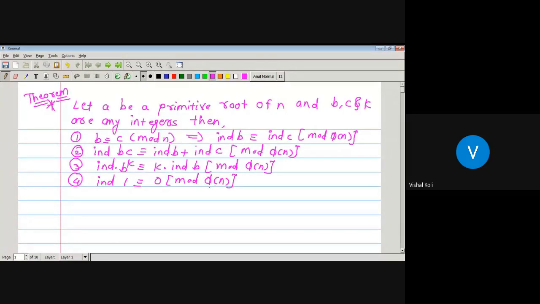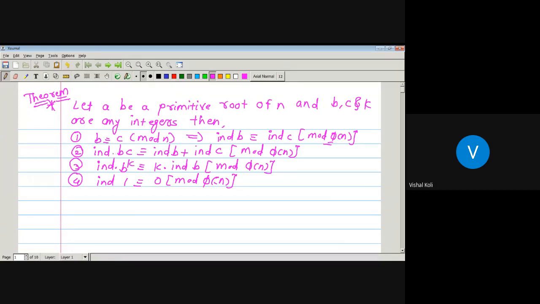Okay, so here we are given that a is a primitive root of n. It means a to the power phi of n is congruent to 1 modulo n, and a to the power k is not congruent to 1 modulo n whenever k is less than phi of n. And b, c and k are any three arbitrary integers, and from that we have to prove that if integer b is congruent to integer c modulo n, then index of b is congruent to index of c modulo phi of n.